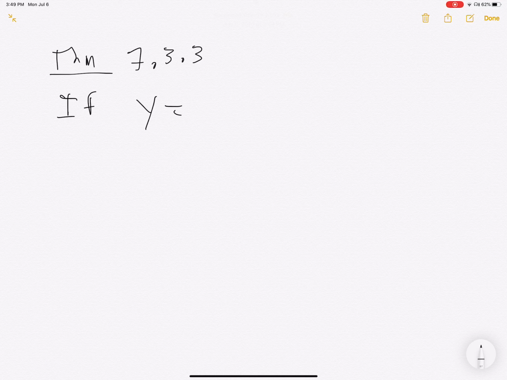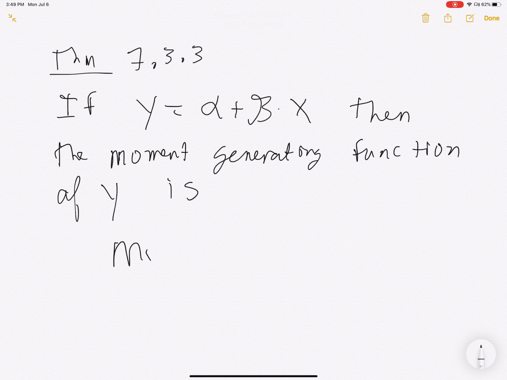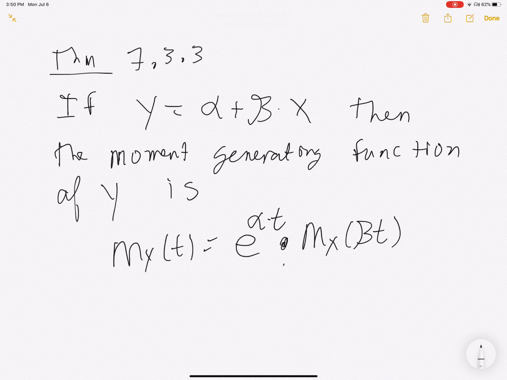If y is equal to alpha plus beta times x, then the moment generating function m sub y of t is equal to e to the alpha times t times m sub x of beta t, and that's multiply. Okay. Now let's do some examples.